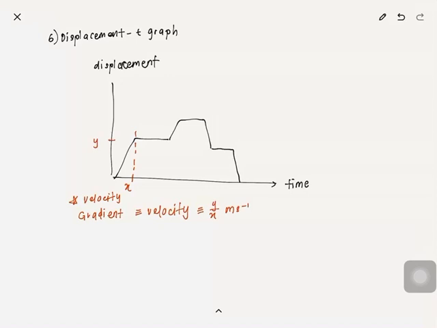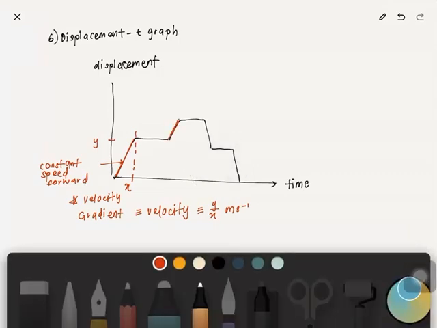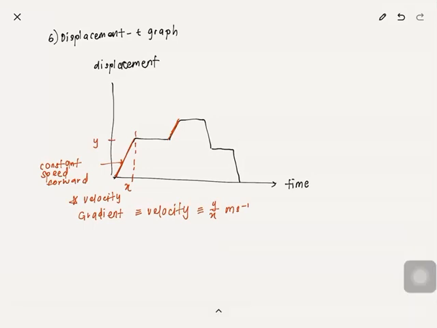And there are different meanings for different sections of the graph as well. So for example, for this upward slope in the first part, it basically means that the object is moving at a constant speed forward. Same with this third part here, it's also moving with constant speed forward.